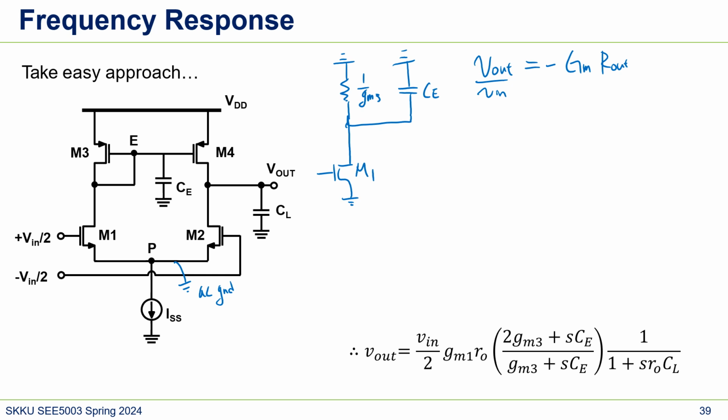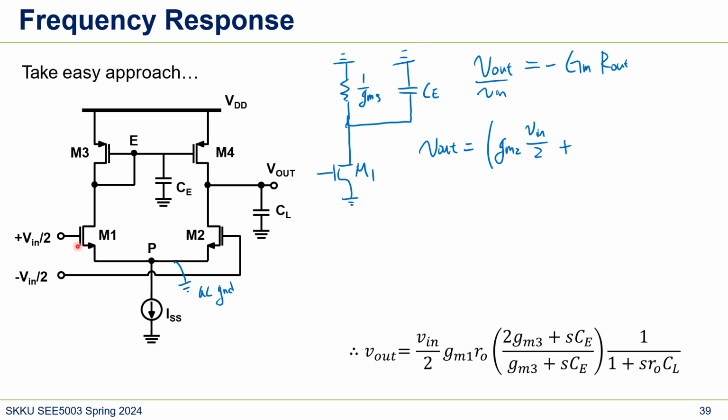So V out, the first one is just this path. That would be GM2, and then the input would be V in over 2, right? Because it's differential input. And then this part will be a little tricky, and that's why I drew this one.